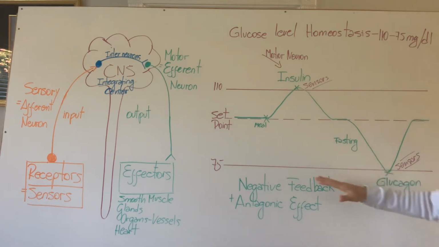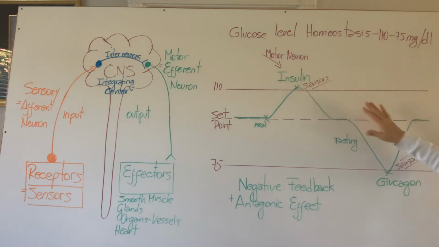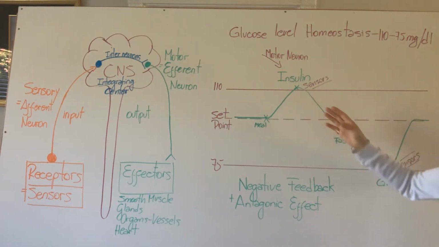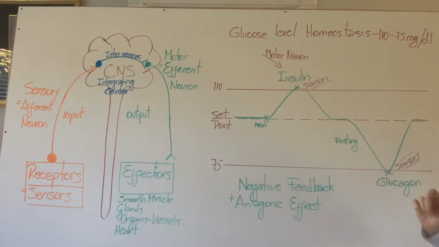But this example of insulin and glucagon, that loop is negative feedback. But this also has an antagonistic effect because the hormones that are released are antagonistic to each other. I also want to mention that when you read negative feedback, it doesn't mean that the level goes below the normal.